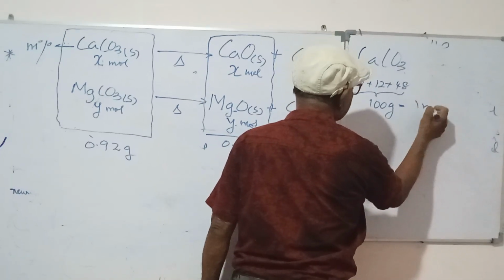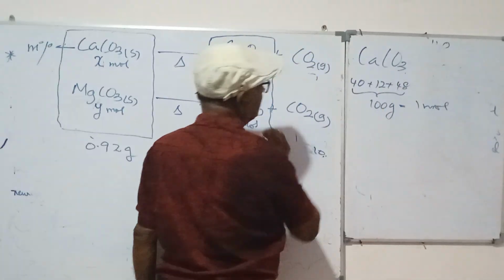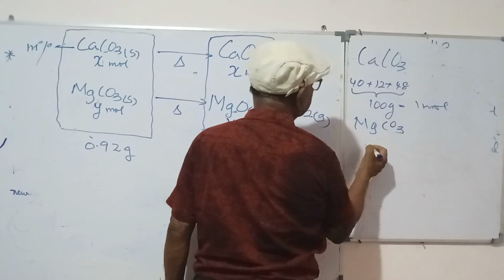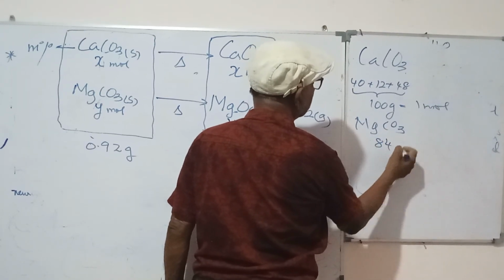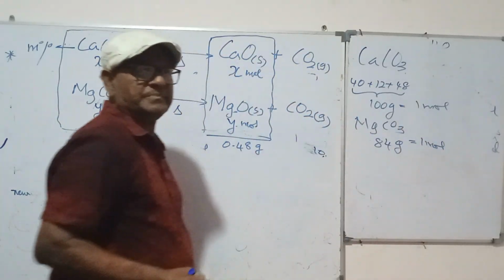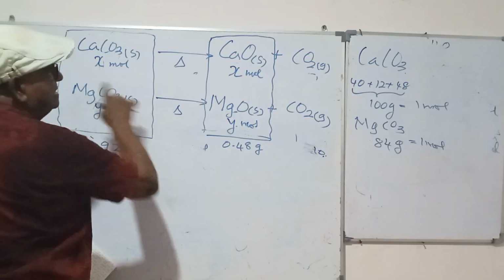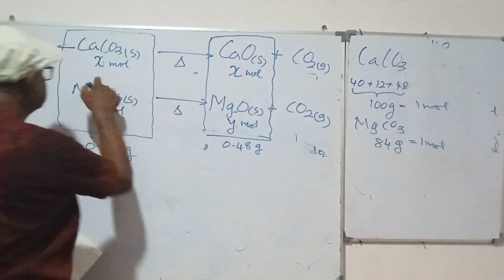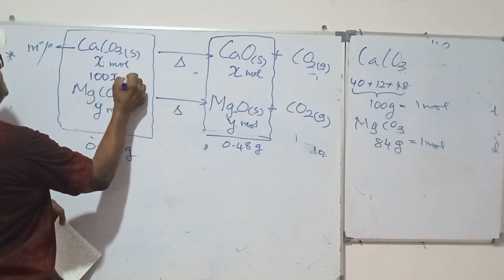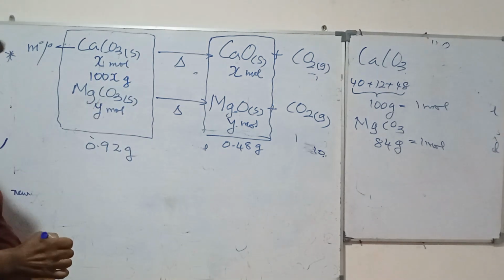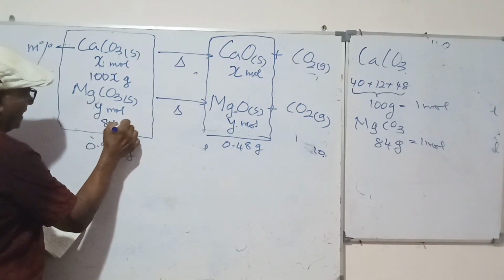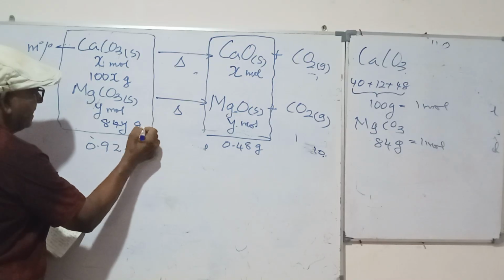It is the 1 mole. Similarly, magnesium carbonate, you can calculate, 84 grams as 1 mole. If it is 1 mole, 100 grams, X moles, 100X is the amount in grams. Here also, 84Y is the amount in grams.